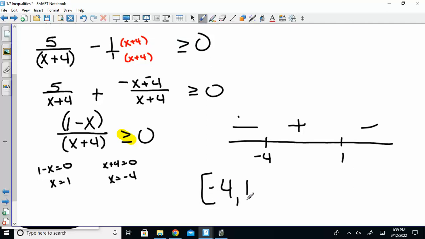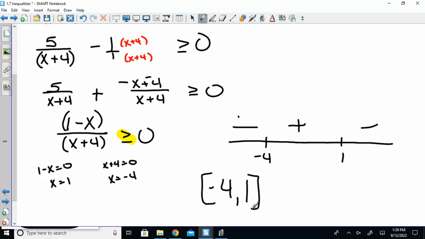Equal to means bracket, but if I write this, I am wrong. I don't even know why. I mean, it looks right. Everything between -4 and 1 gives me a positive. Equal to means bracket. What happens if you plug -4 into this?